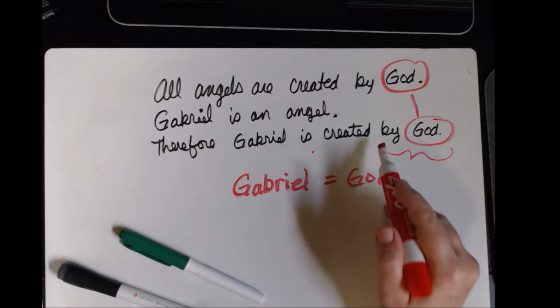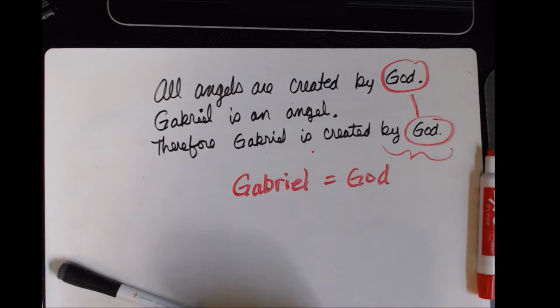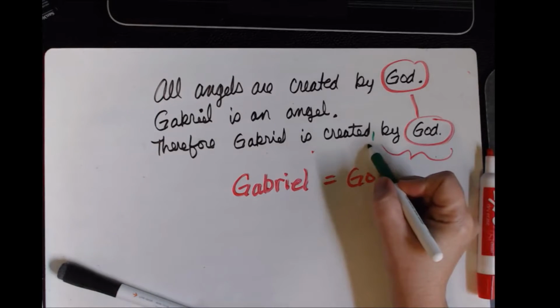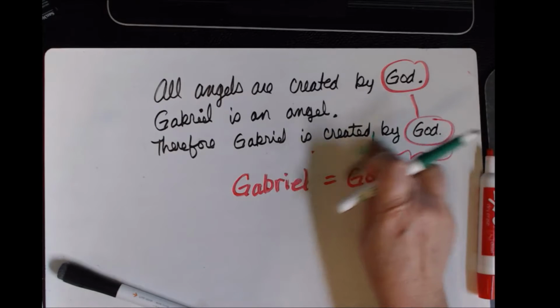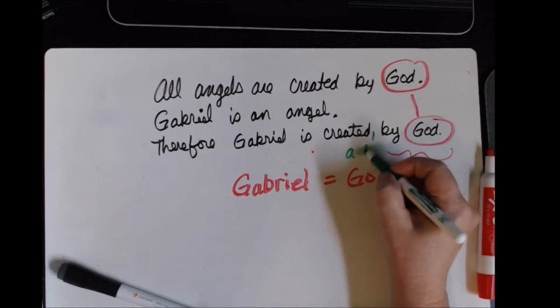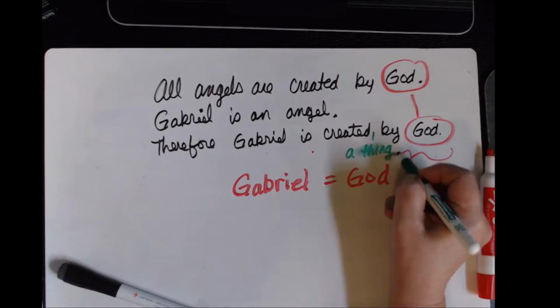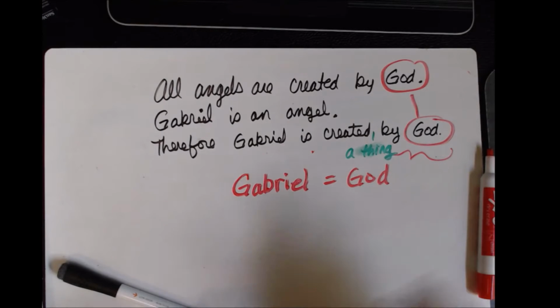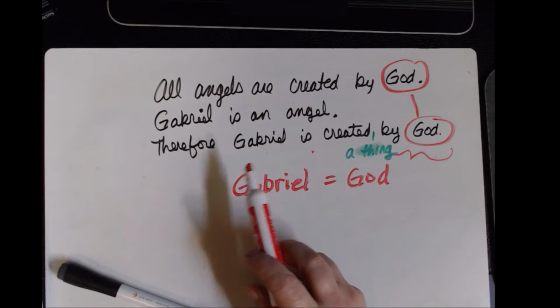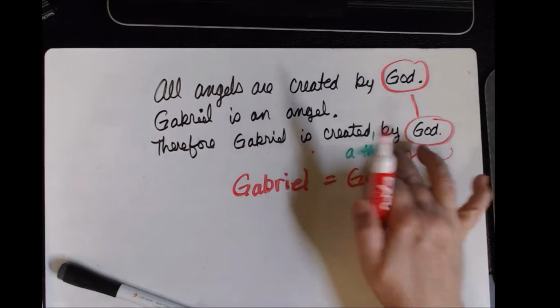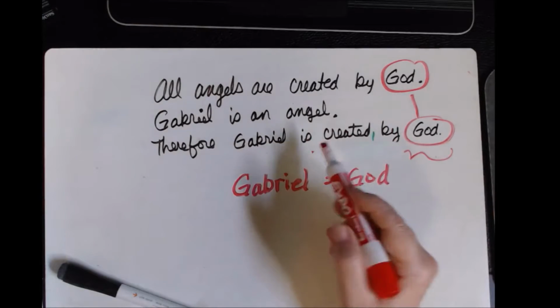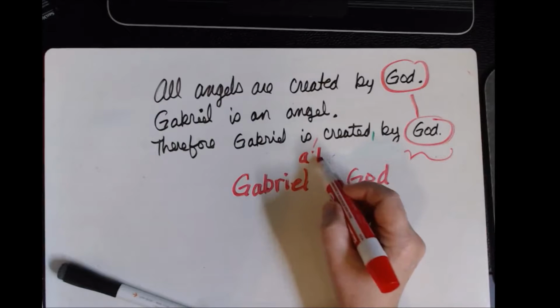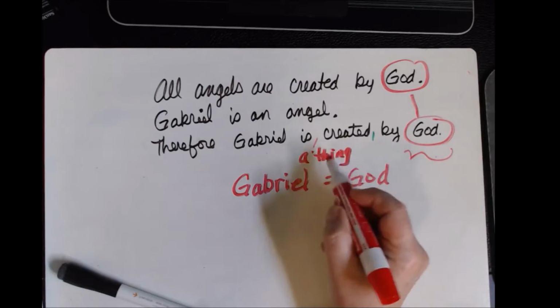There's a word that was inferred in here. It was inferred, but not actually written in. So I could rewrite this sentence to actually say, therefore Gabriel is a thing created by God.